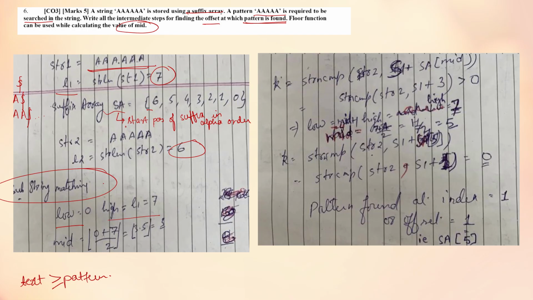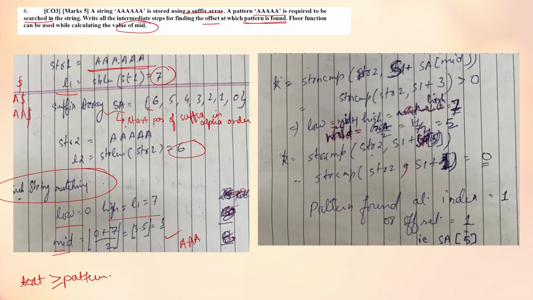Now we want to find a pattern in the sorted list, so we start in the middle and then narrow it down. So in case of mid, we use the floor function and get 3. Now is our pattern bigger or smaller than AAA? Since our text is longer, it is bigger alphabetically.